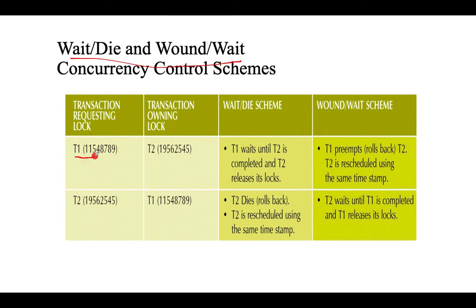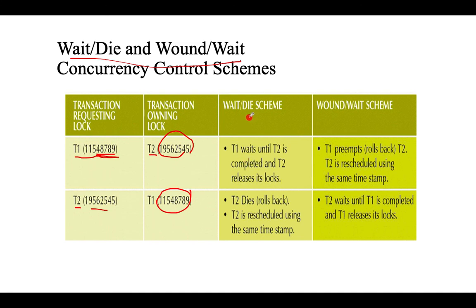T1 is requesting this item and T2 is requesting something. Here the locks are given to T2 on this one item, and T1 is requesting the lock on this item.